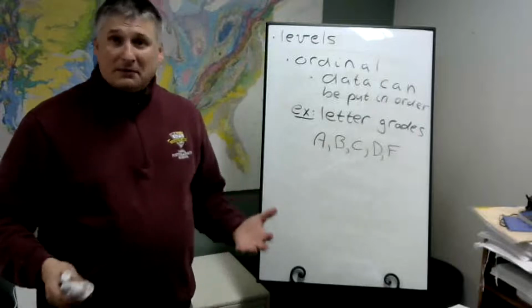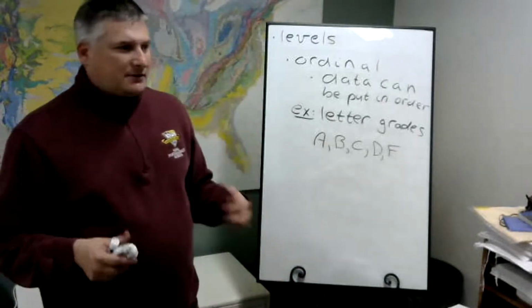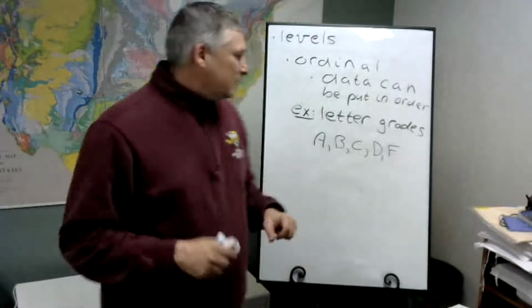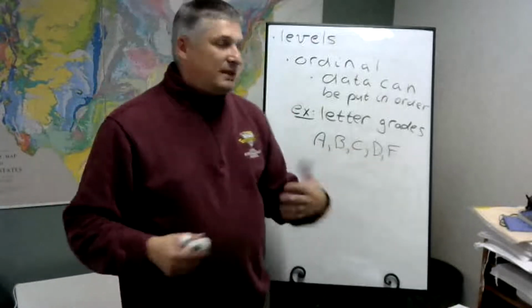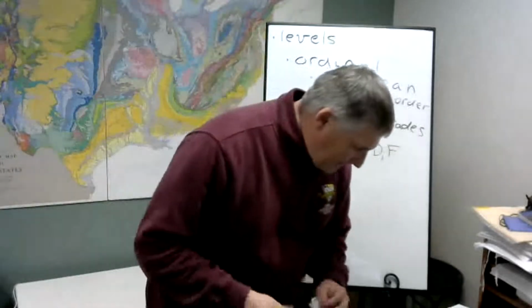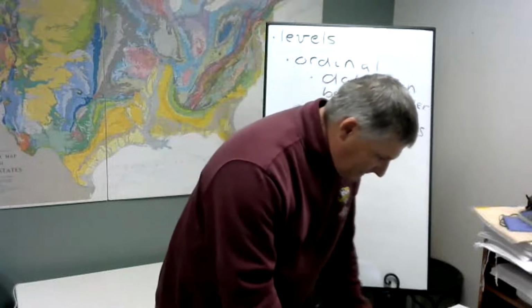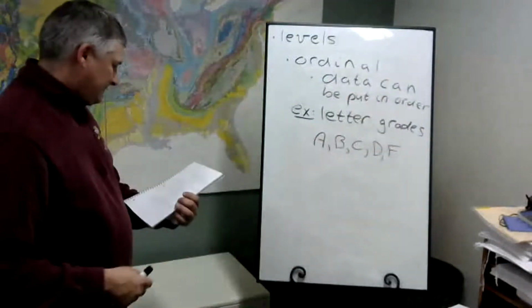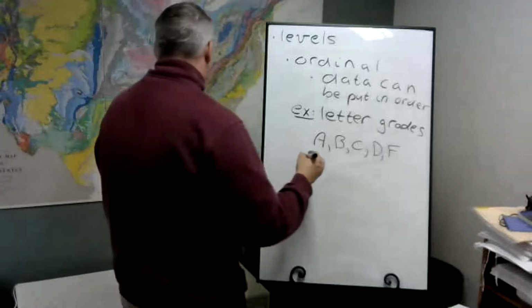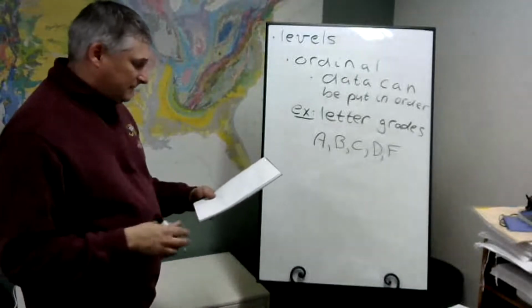So let's say we have a quiz in class and everyone takes their quiz. You get a letter grade at the end. Let's say it's a 10-question quiz. You would have an A, B, C, or D, or F on the quiz. Now, the thing about this, though, is that differences might not be valuable here, or they're difficult to find.